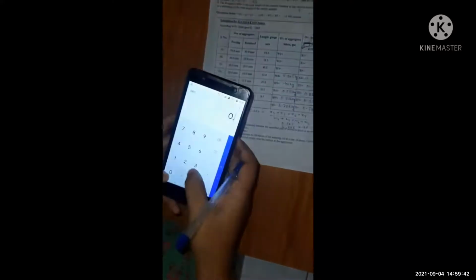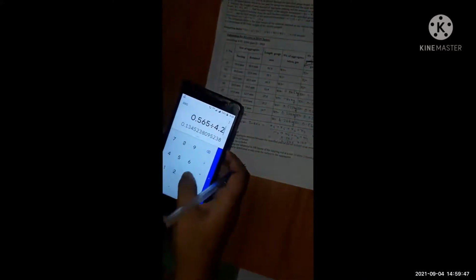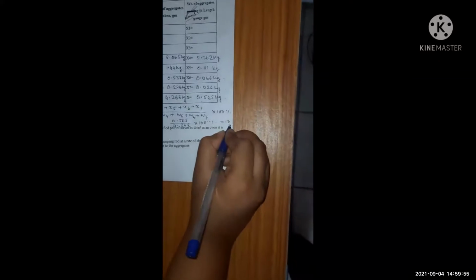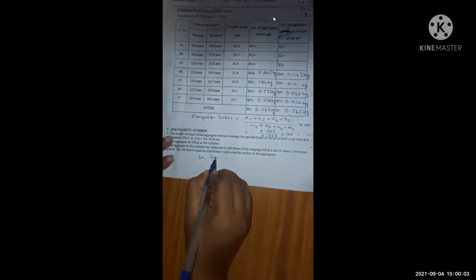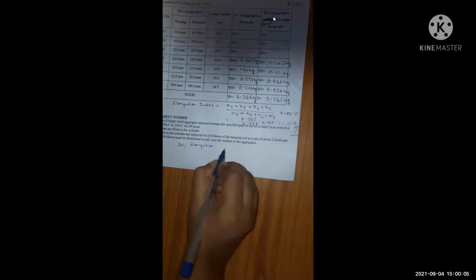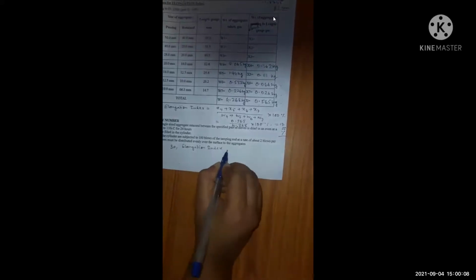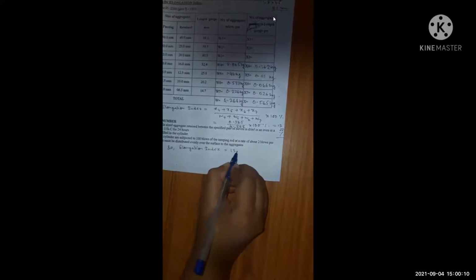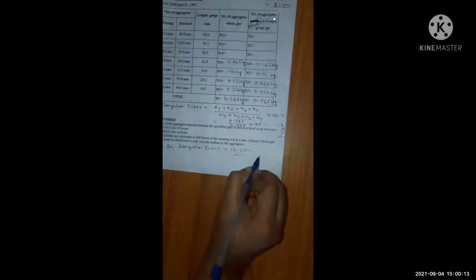We can calculate this. 0.565 by 4.268 into 100 is 13.23%. So the elongation index we found is 13.23%.